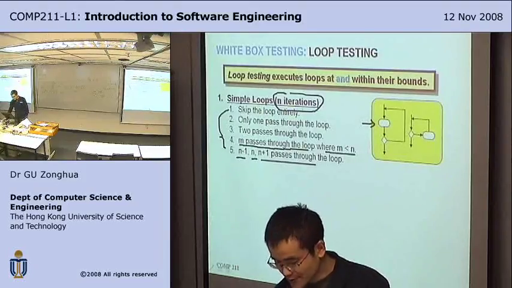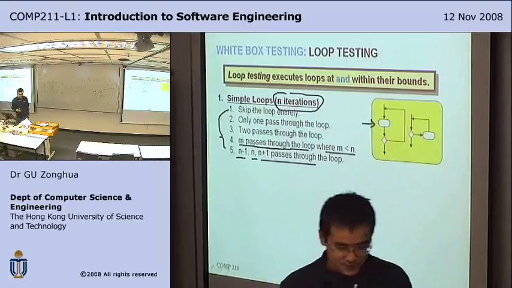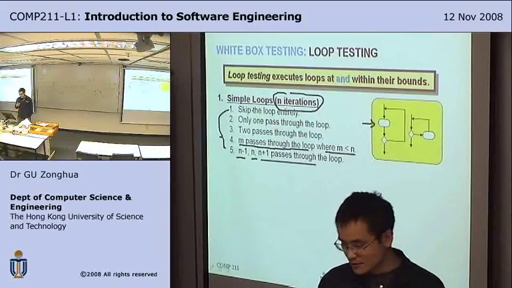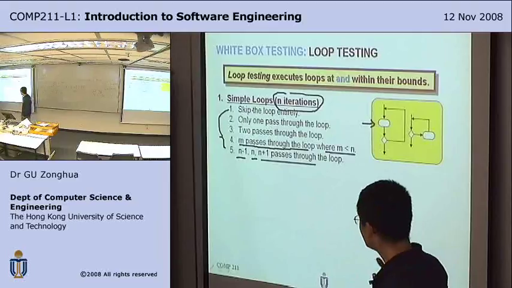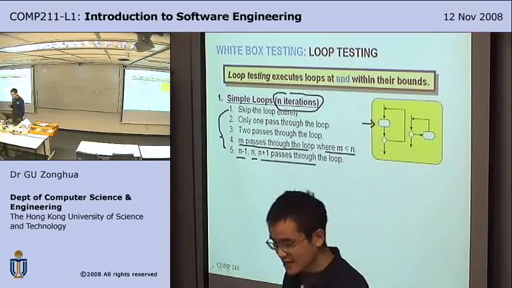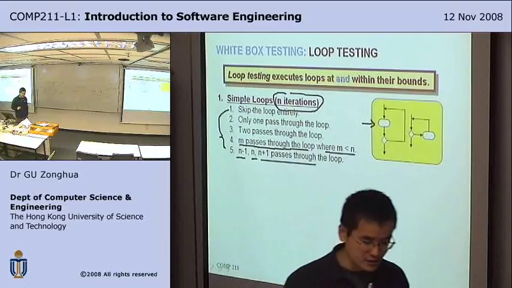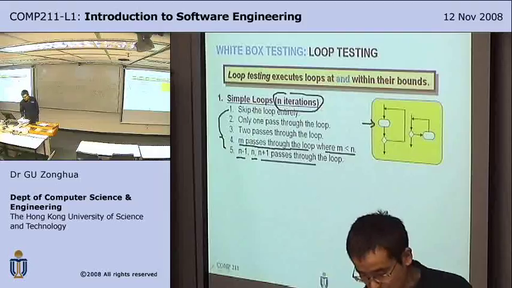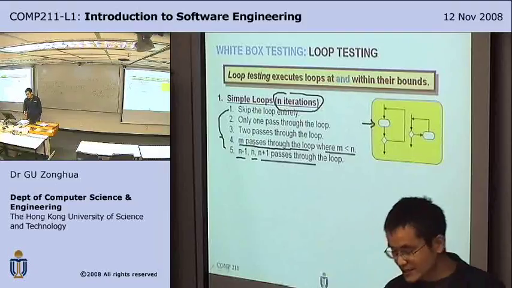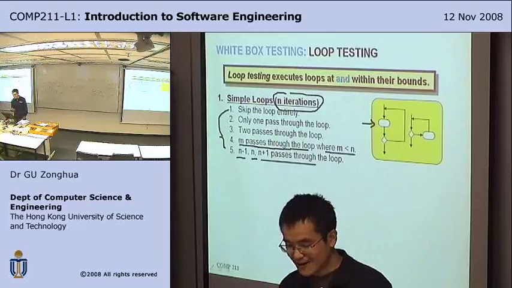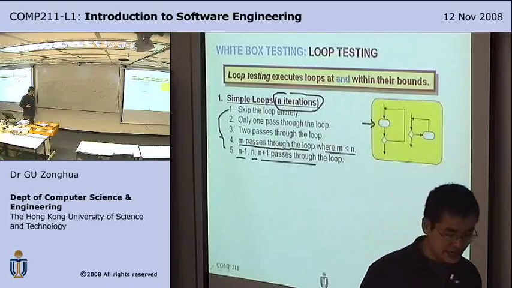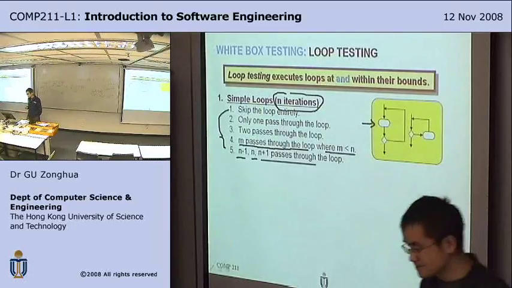The reason you design these 5 different ways of testing the loop is that, based on people's experience, these are likely to detect errors. That is, you're testing really both the average case and the boundary cases.